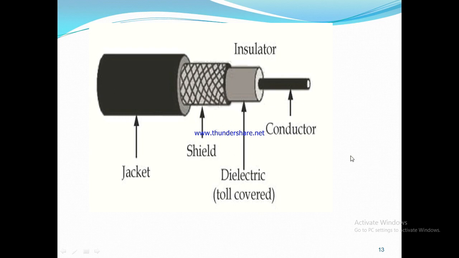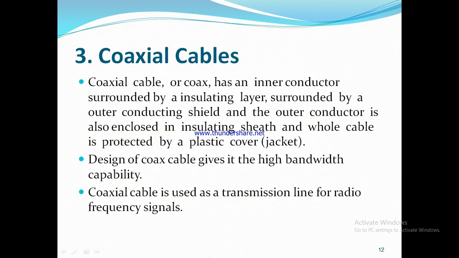The design of coaxial cable gives it high bandwidth capability. It is used as a transmission line for radio frequency signals. Its applications include the feed line connecting radio transmitters and receivers with their antennas, computer networks, that is internet connections, and distributing cable television signals.